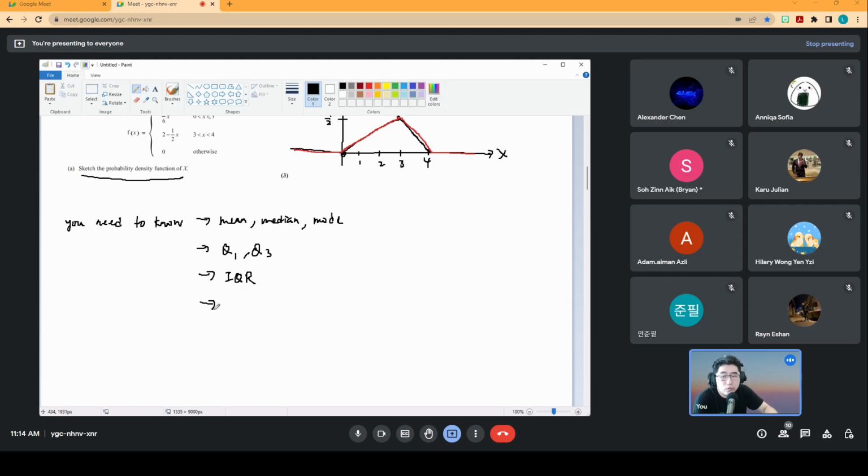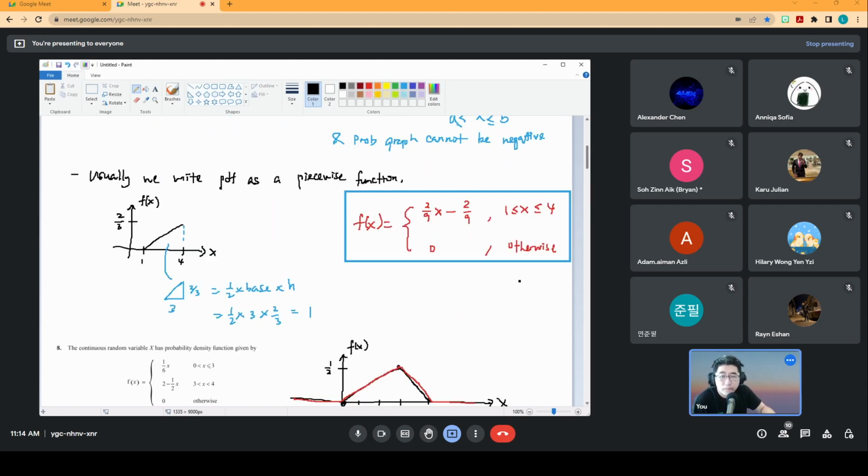You need to know variance, standard deviation, and skewness, just like how you did in your S1. These are all the common things that we always ask in the questions, so you are required to know how to answer these kinds of questions.